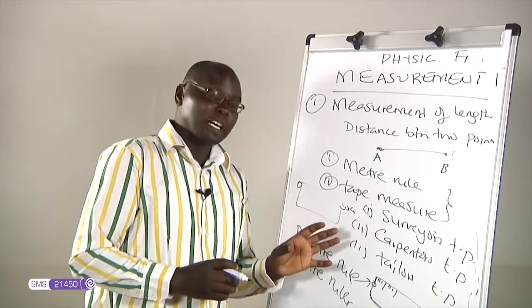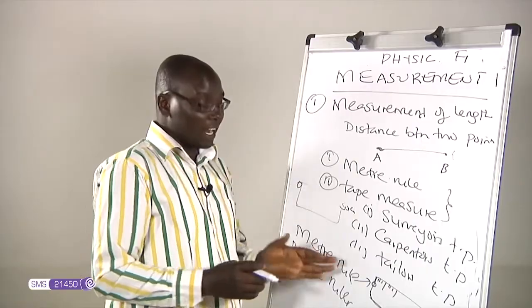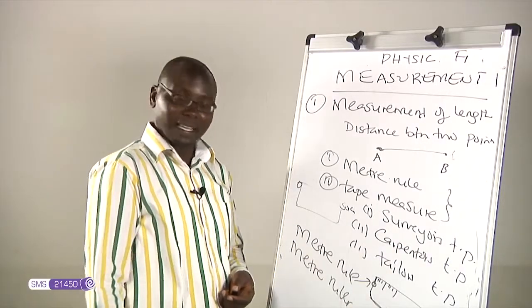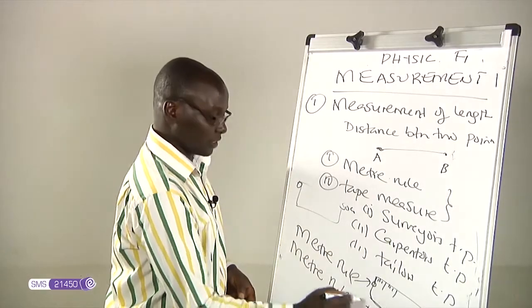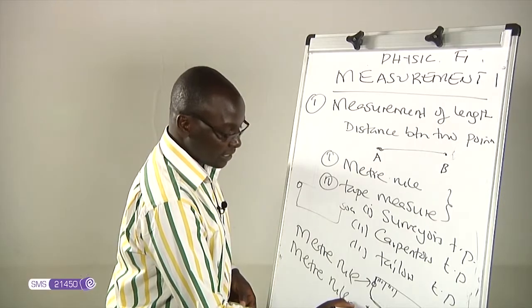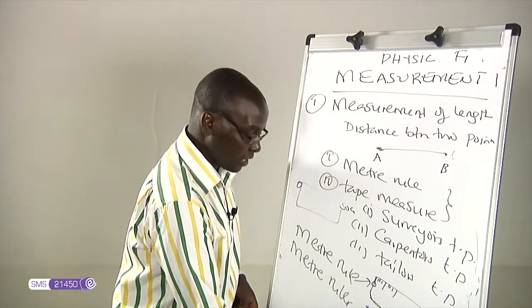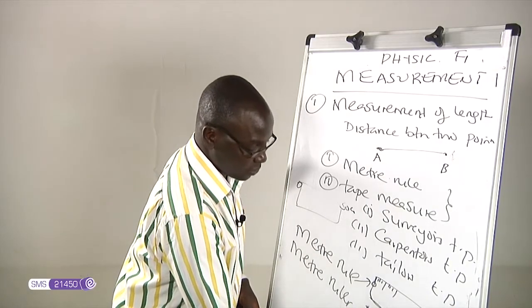For the meter rule, the markings start at the very edge. There's no allowance left, so in case it chips off, it will go with some markings. For the meter ruler, it's a bit wide, and the markings start a bit indented. We have 0 there, maybe 1, 2, and so on.